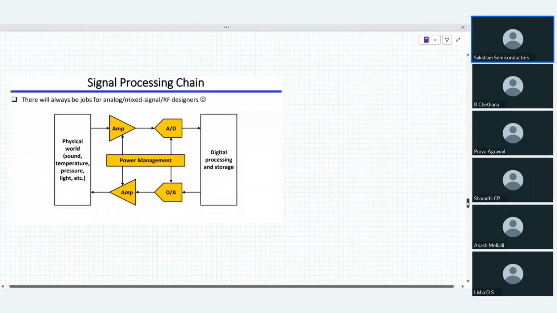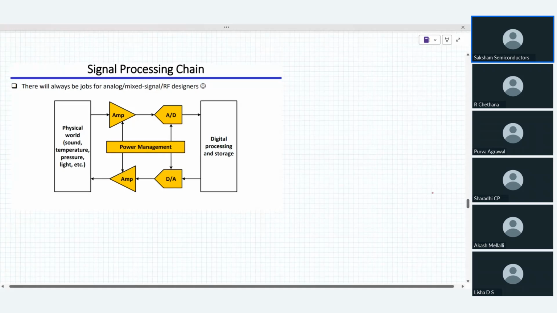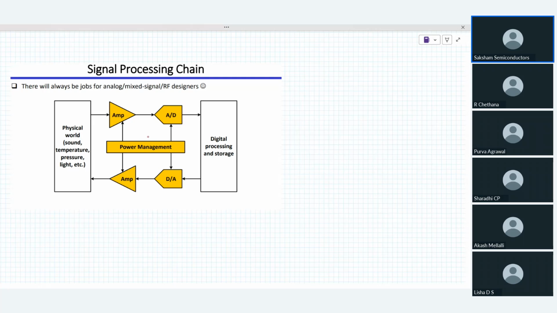This is one example of how the physical world and the digital processing and storage world are connected through a lot of intermediate components, and this is where architectural designs come into the picture. And as long as we are on analog signaling, there will be enormous job opportunities for analog, mixed signal, and RF designers.